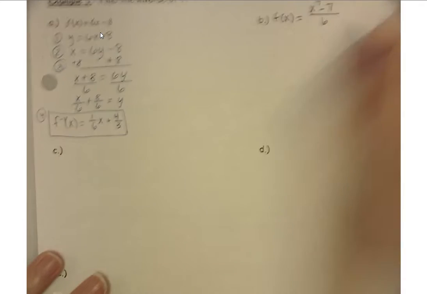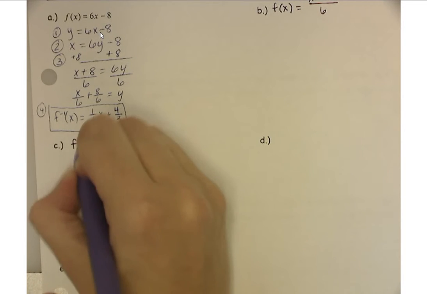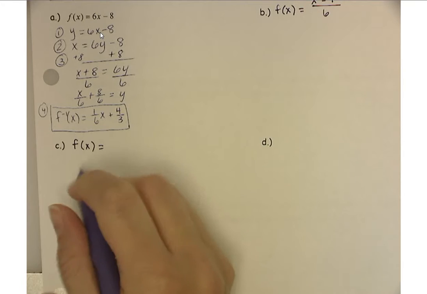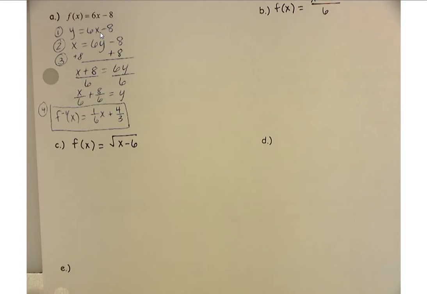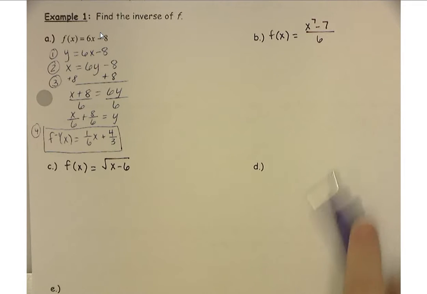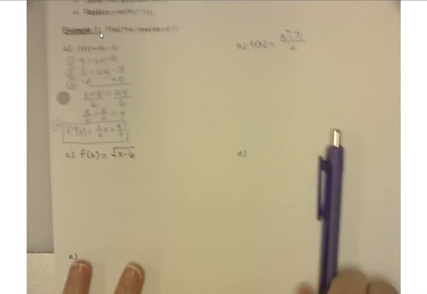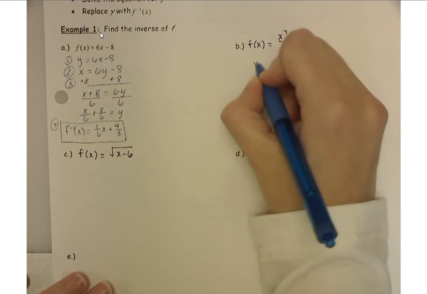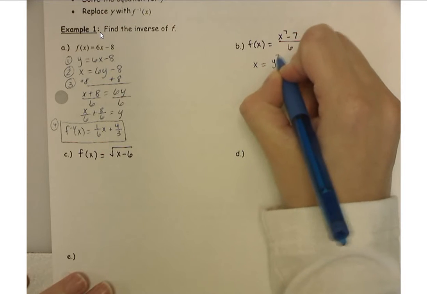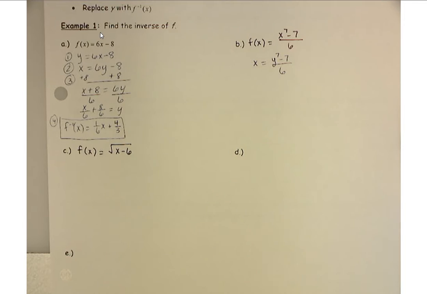And then I'm going to give you time to work on B and C. And for C, you're going to have f of x equals the square root of x minus 6. Okay, and like I said, for part A, you can go ahead and just start with x equals y to the 7th minus 7 over 6. Okay, and then continue from there.